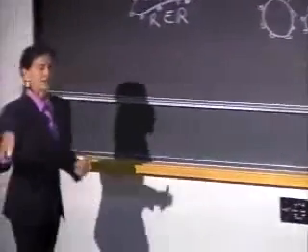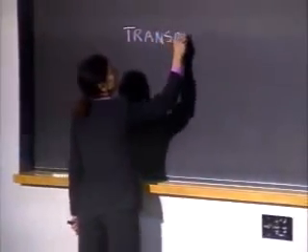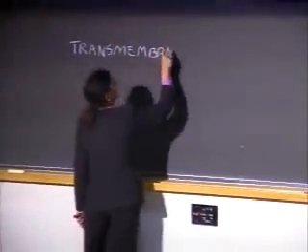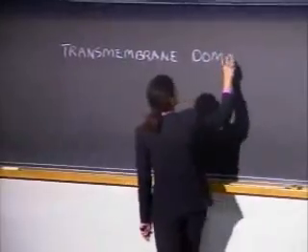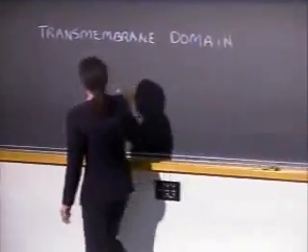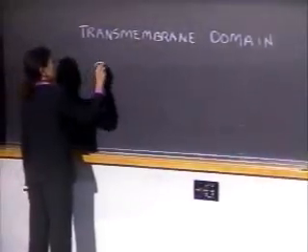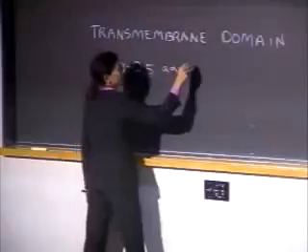It has a transmembrane stretch. You've seen this maybe before in problem sets. So it's a transmembrane stretch, or transmembrane domain. It's about 20, 22 amino acids long, can be 30 maybe. So we'll say 20 to 25 amino acids of hydrophobic residues.